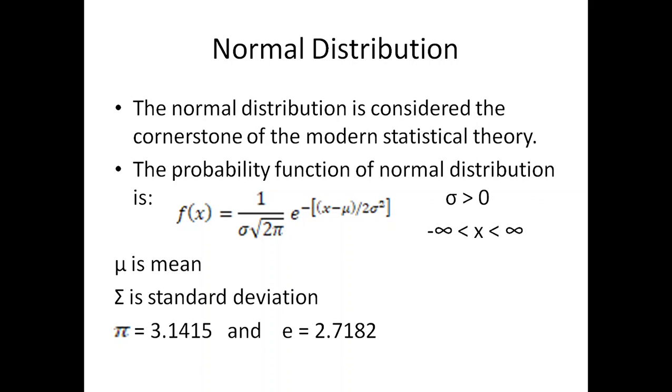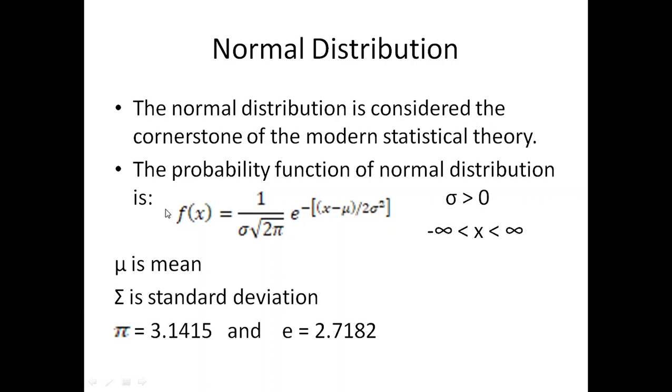It is very important because the x variable can take all numeric values from negative infinity to positive infinity. So it is very important, and this is the most used distribution.